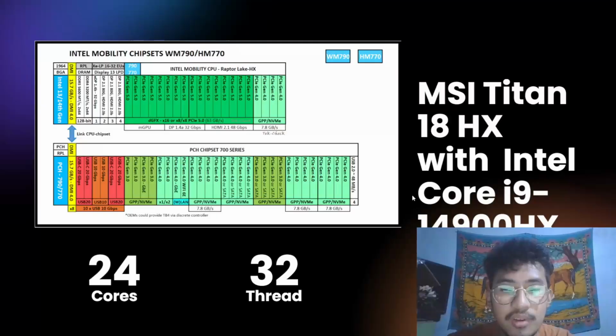The 8 cores are the P cores, or the performance cores, for the heavy lifting, and the 16 are the E cores, or efficient cores, used for background tasks. So this system must organize these threads intelligently to ensure that the computer runs smoothly.